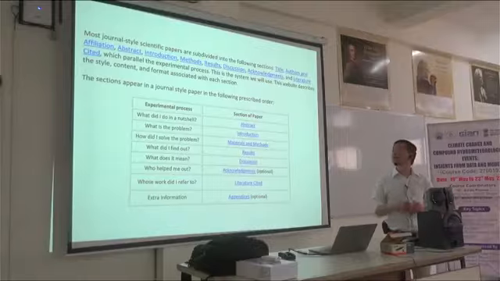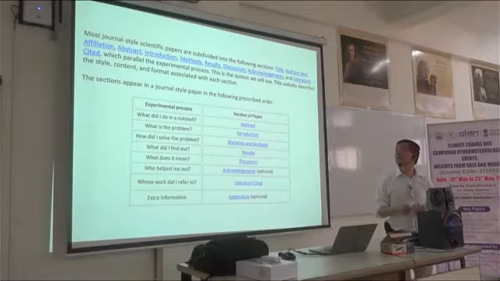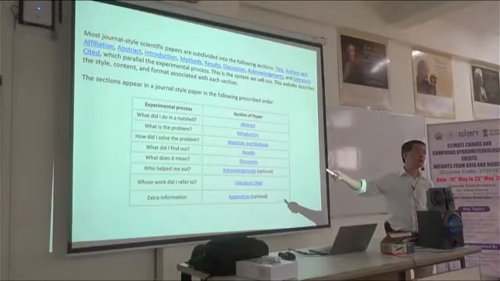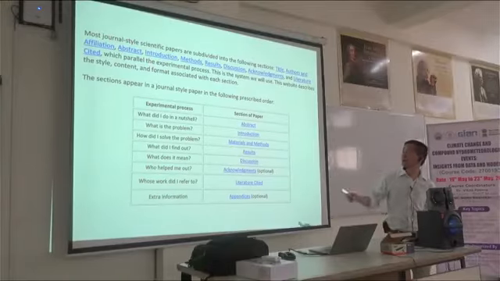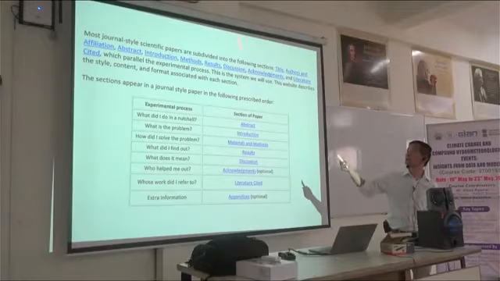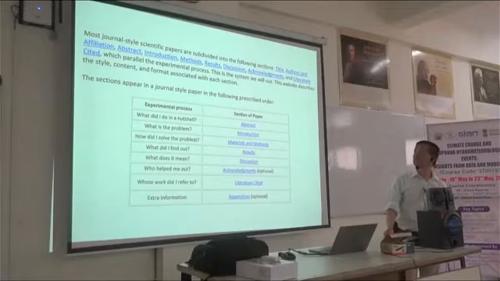Then you have a second page with an abstract, a short summary of your paper. Then you have an introduction section, a method section, a results section, and then a discussion section.